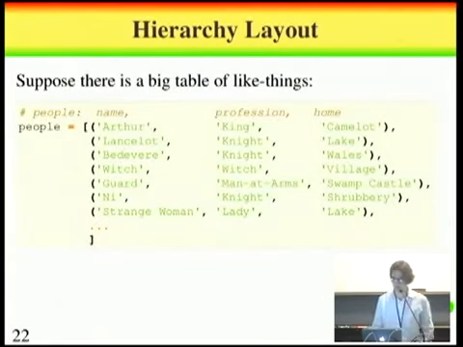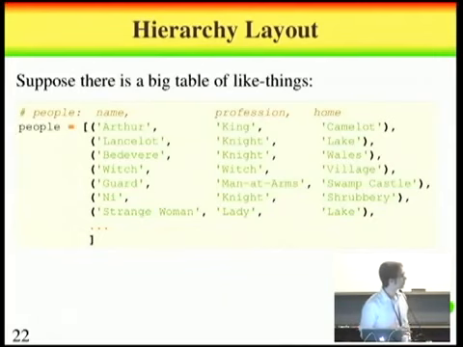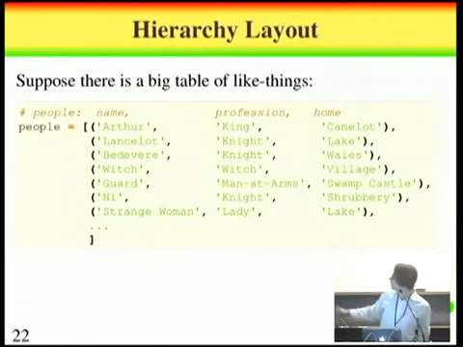Okay, so let's go on to talk a little bit about the first section that I proposed, which is just some tips on how to lay out your hierarchy. Say you have a big table of people, right? Here we've got a bunch of people. They have their names and professions and where they live.